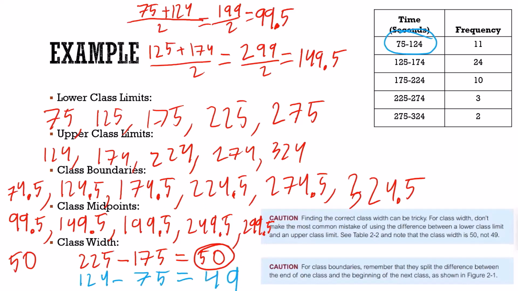Because you don't want to be ambiguous about which class the value of 125 comes in. Notice the class width is 50, right? Like these midpoints are 50 apart, these lower class limits are 50 apart. If you subtract by just looking at a single class, you get 49.